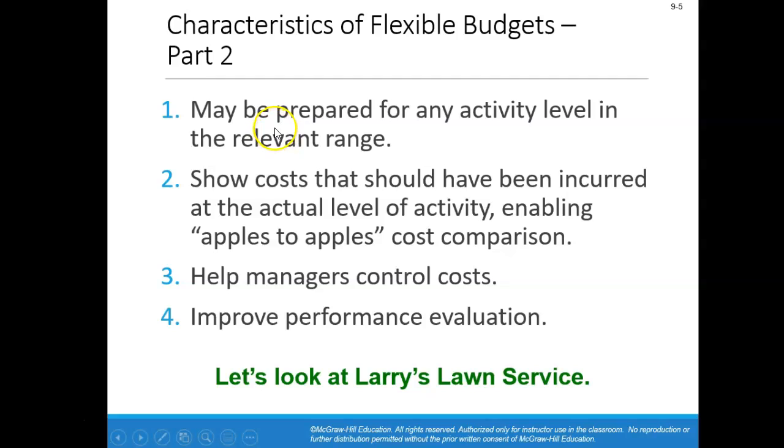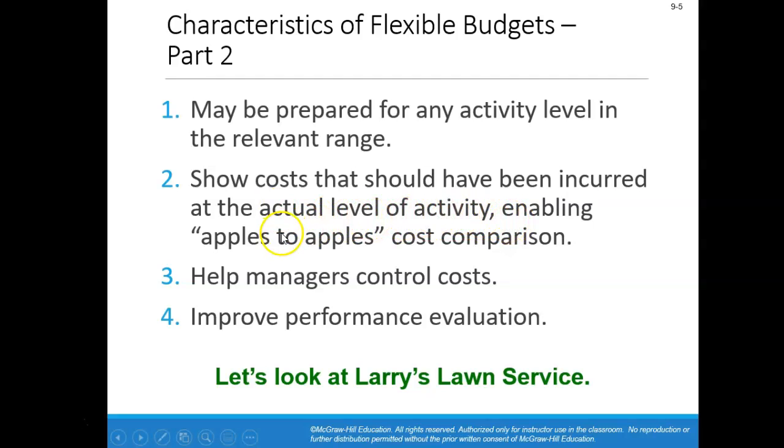We're preparing a budget for any activity level within a certain range, what we call a relevant range, not just a hard stop number, but we'll say the range may be from 75,000 to 100,000 units. We'll show the actual cost that should have been incurred at the actual level of activity.